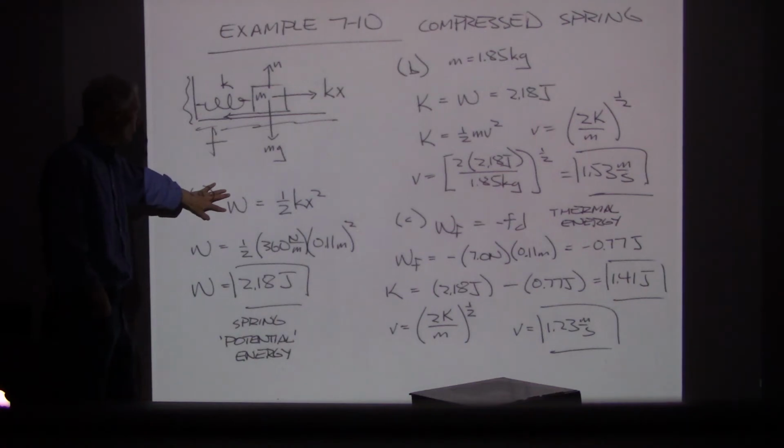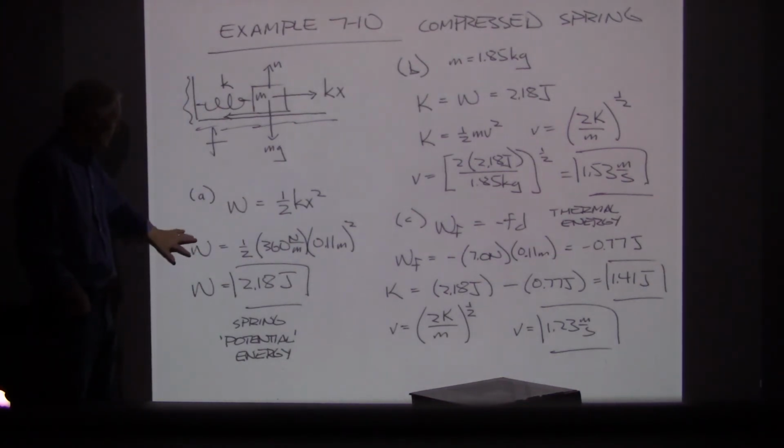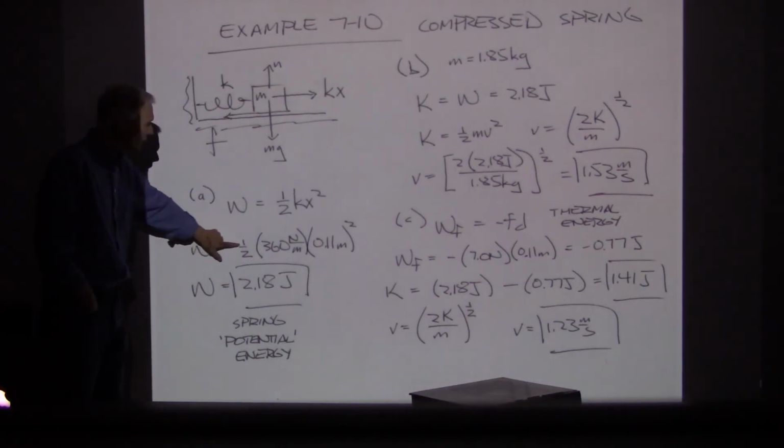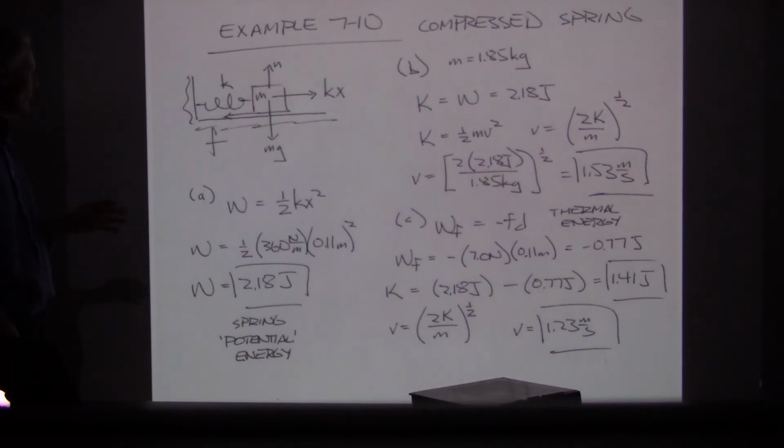The energy stored here is represented by work, 1/2 kx squared. That stored energy works out to be just 2.18 joules. Not a lot. So I've got a little over 2 joules of potential energy stored up in the spring.